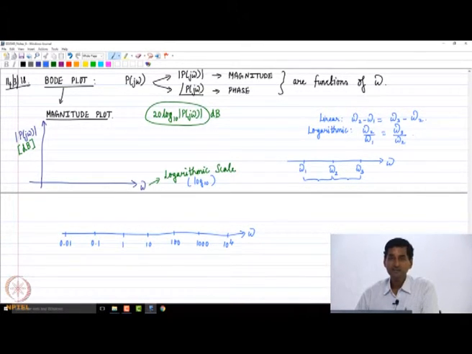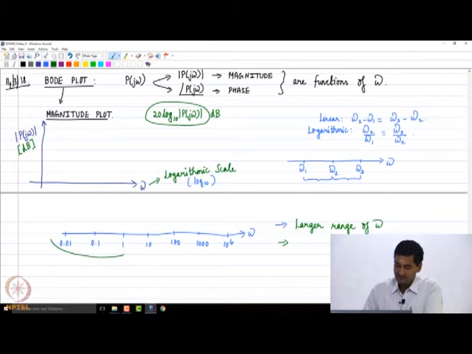So the first thing is that you can cover a larger range of omega. And what is the second advantage that you can see? You can also expand the low frequency range. In many practical applications, the low frequency range is also of equal importance as the high frequency, okay.